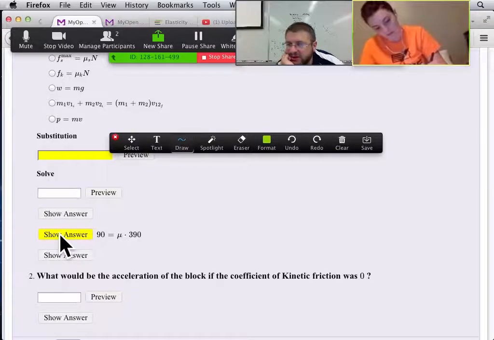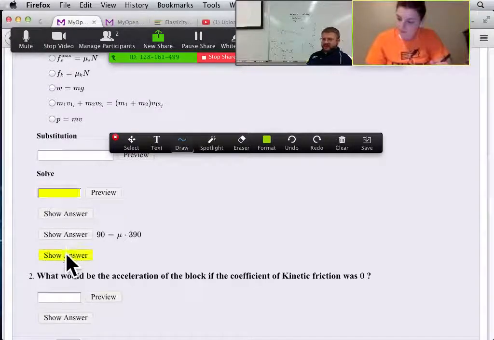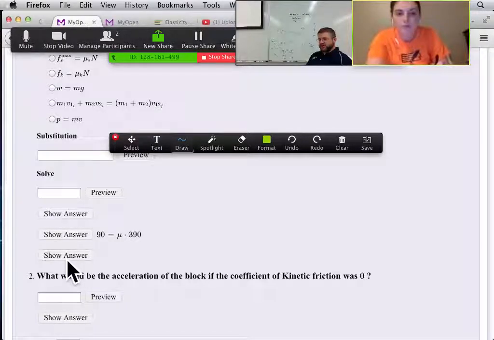Okay, so what they want you to do in the substitution box is plug in the numbers that you know, without units, into that equation that you chose, along with the variable that you're going to solve for. They're essentially having you do it step by step.